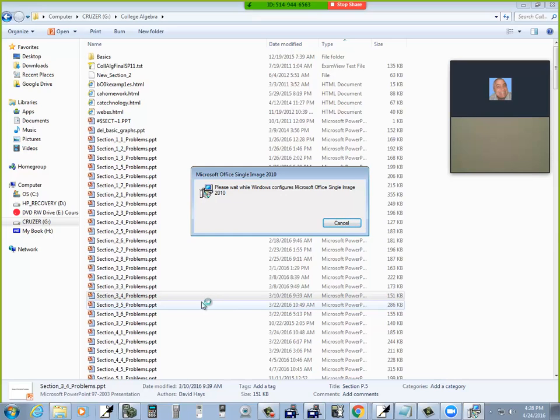My computer's kind of slow on bringing up a word. This is what happens when you install updates. It puts things on there you don't want. I don't even know what a single Microsoft Office single image 2010 is, but it comes up no matter what now.